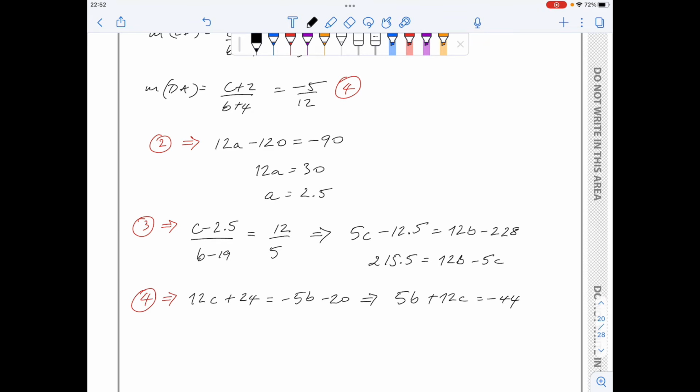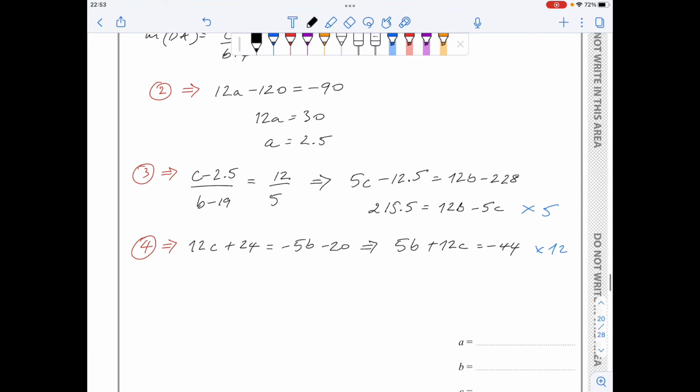Now I'm going to multiply these equations, the first one by 5, the second one by 12, in order to solve them using elimination.